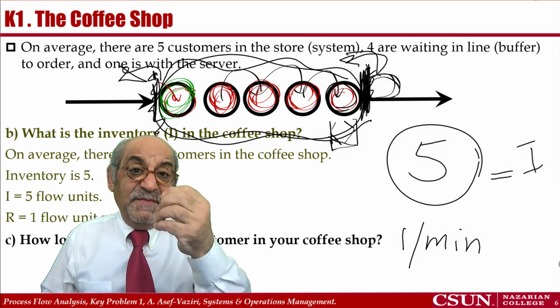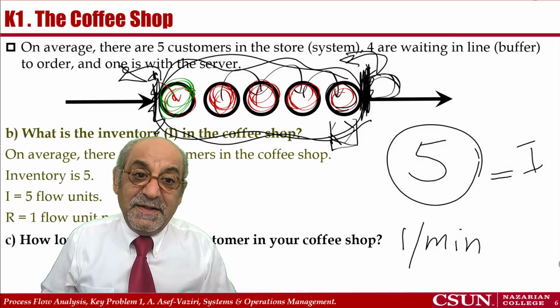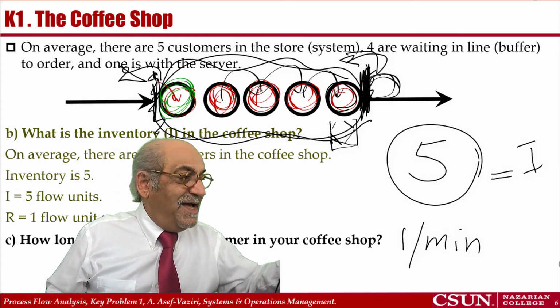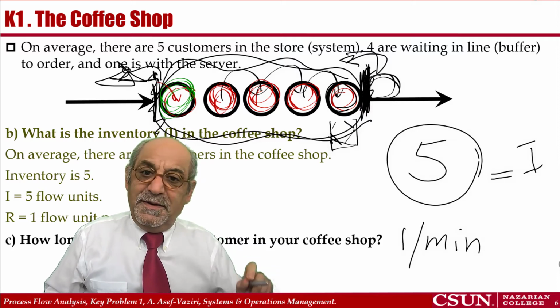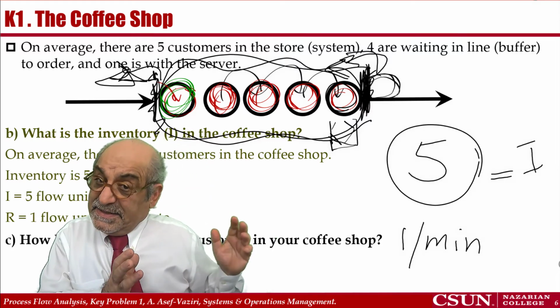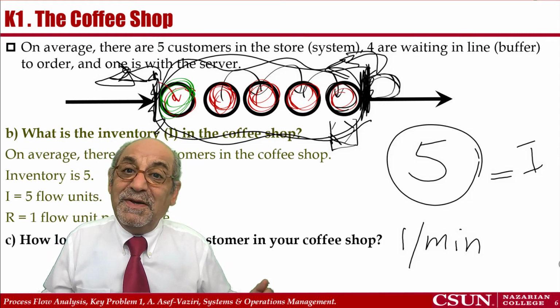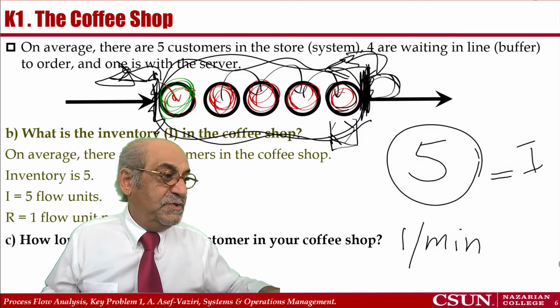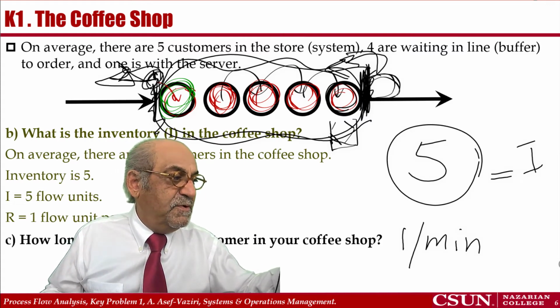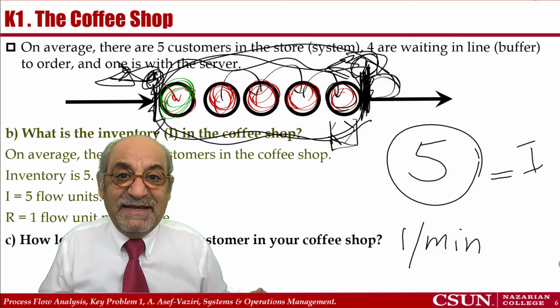It takes 5 minutes for 5 people to come in at a rate of 1 per minute. Therefore, from the time that he had no one behind him up to the time that he sees 5 people behind him, it took him 5 minutes to go from this point to this point, and that is what we call the flow time.